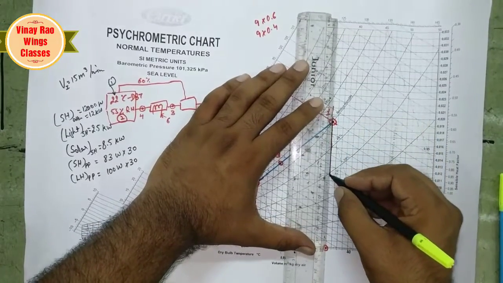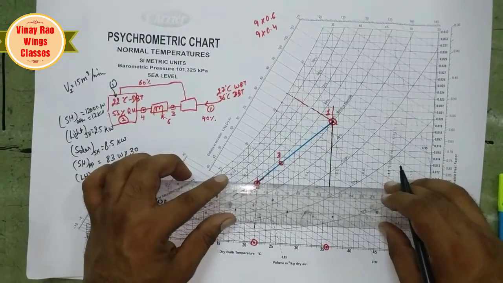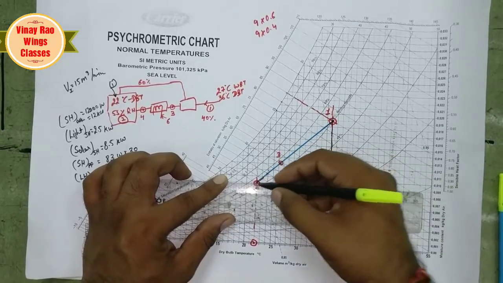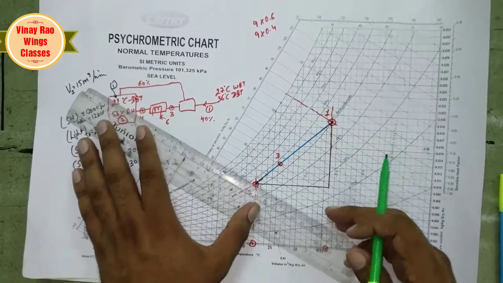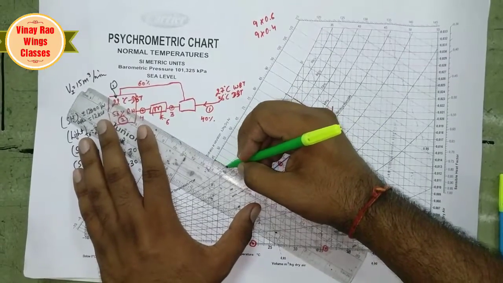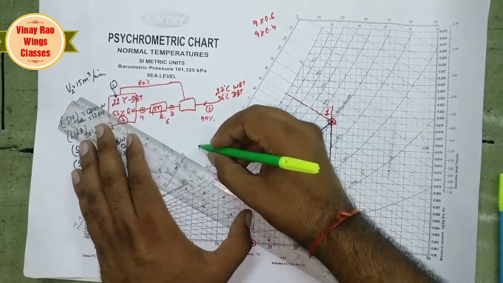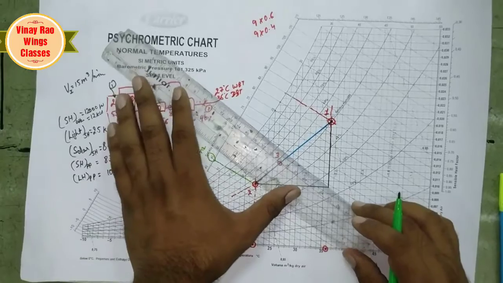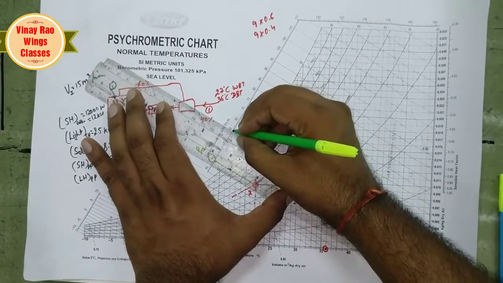This is the latent heat and the sensible heat with respect to point number 1. We have to find the enthalpy at this point. This is 45, the enthalpy at point number 1, this is point number 2, H2, and this is the enthalpy at point A.